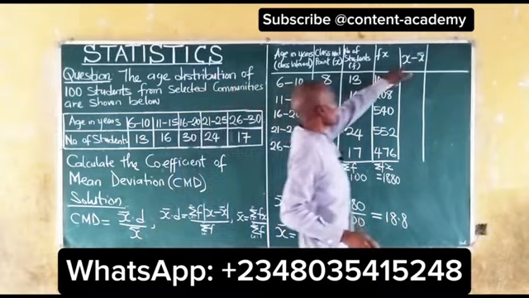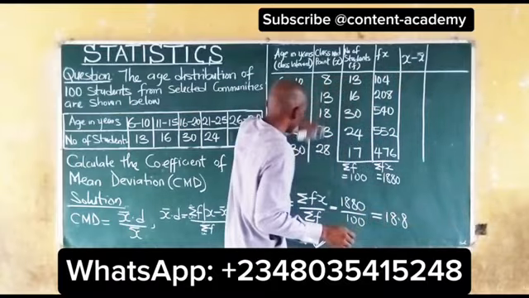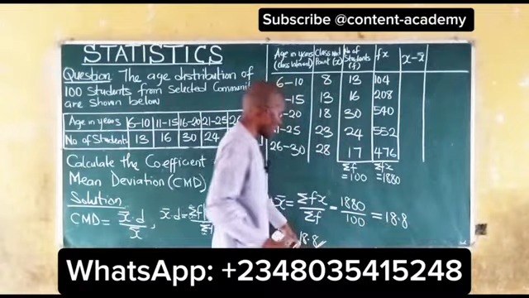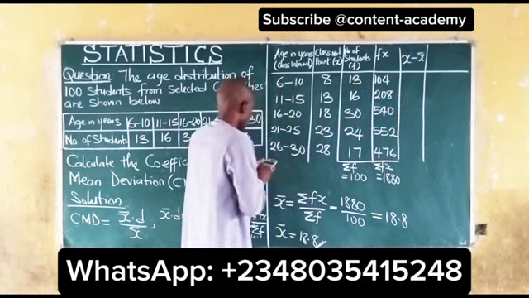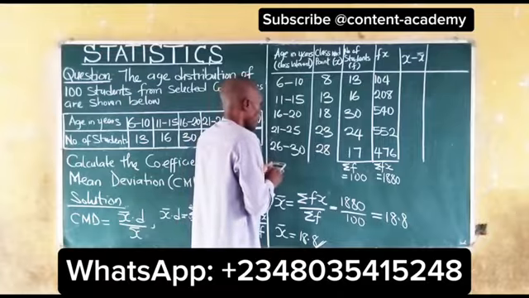Now, whatever we have as our x value, the whole of this x value, we use it to subtract 18.8 to get this value. So we have here 8 minus 18.8.